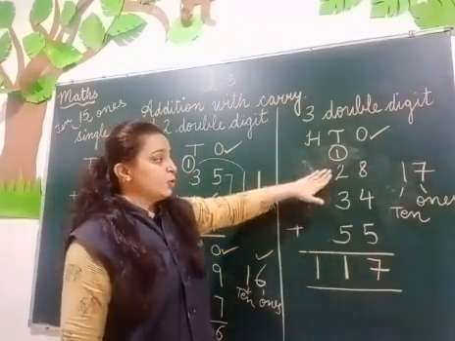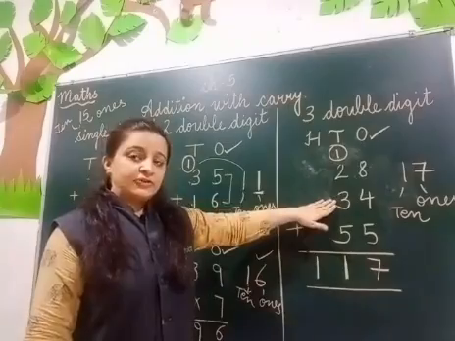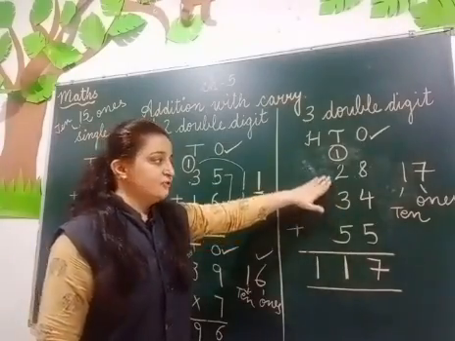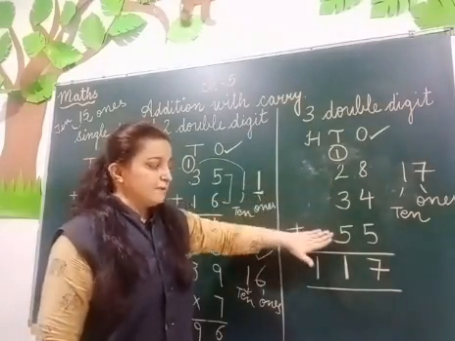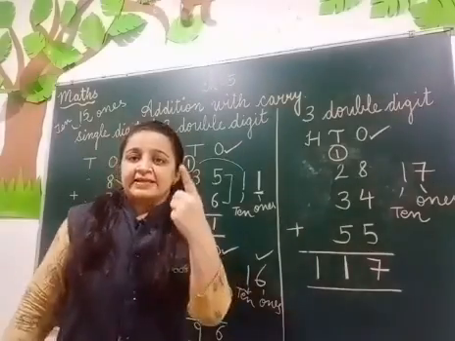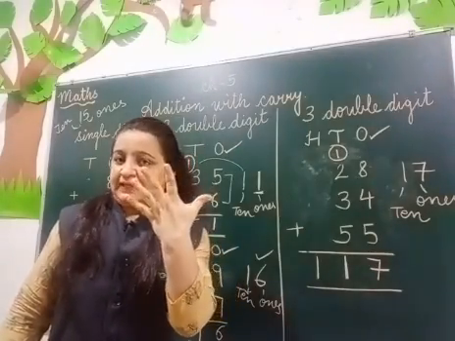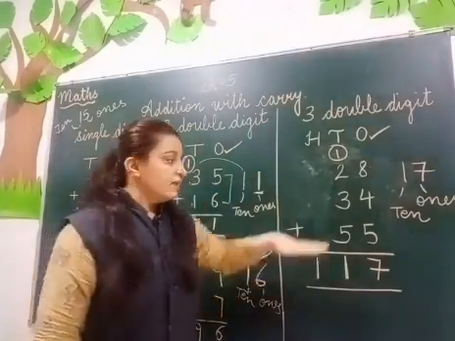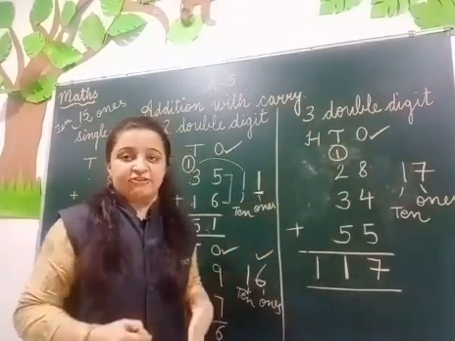So let us add 2 and 3 first. 2 and 3 after adding gives us 5, then 5 plus 5, 6, 7, 8, 9, 10 gives us 10. Then 10 plus 1 is 11.